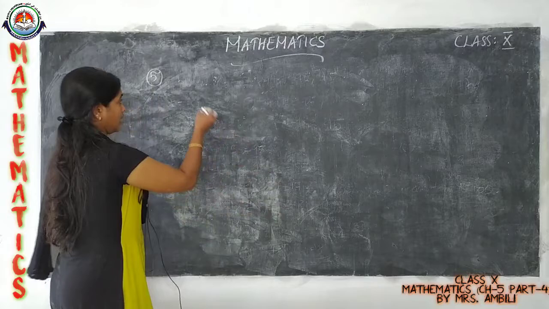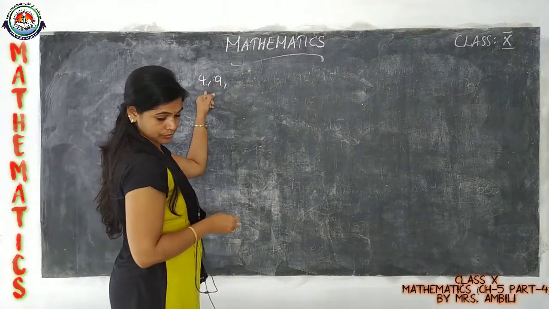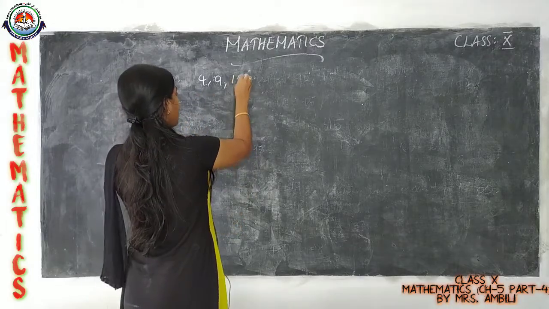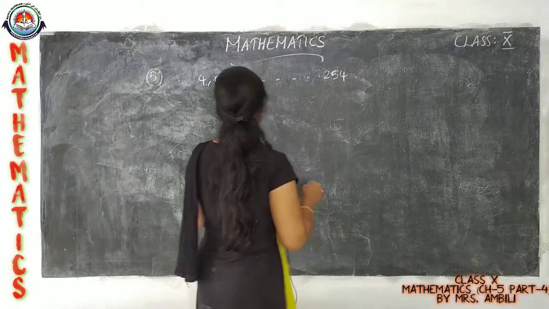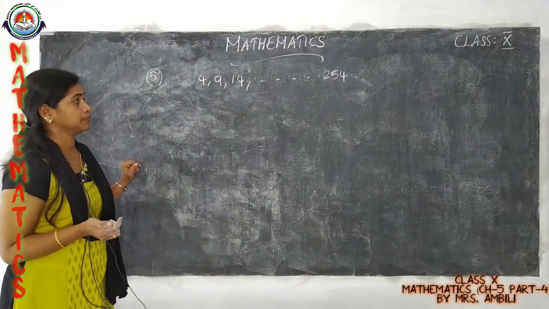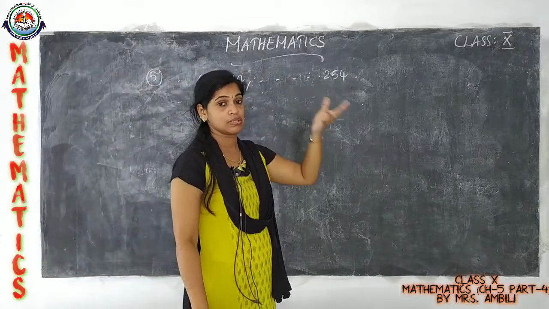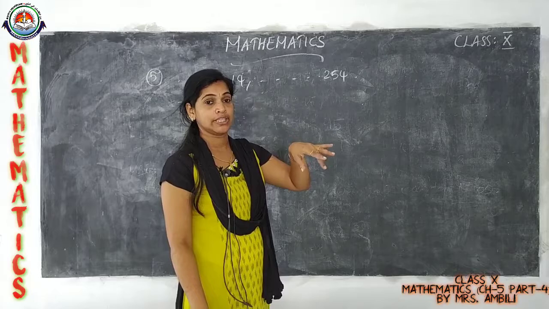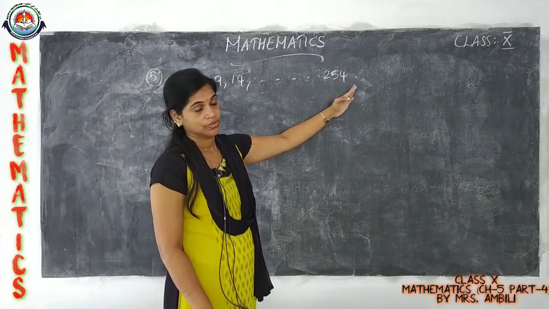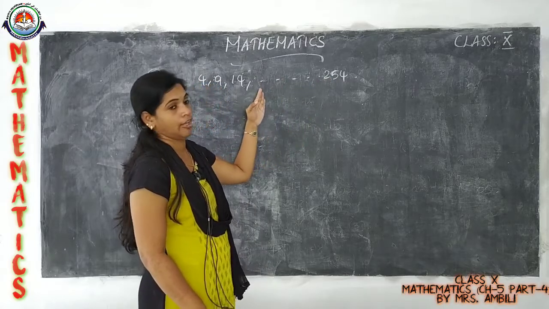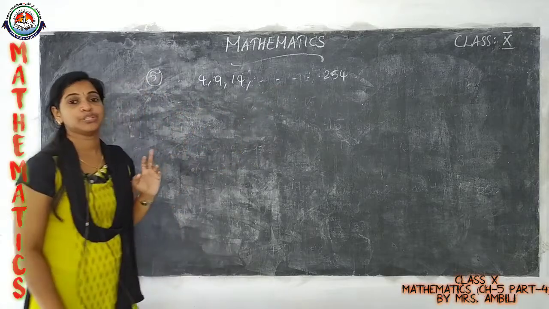The AP is given as 4, 9, 14, etc., 254. So 4, 9, 14, etc., 254. What is our question? You need to find the 10th term, from the last. What is the 10th term from the last? That you need to find.